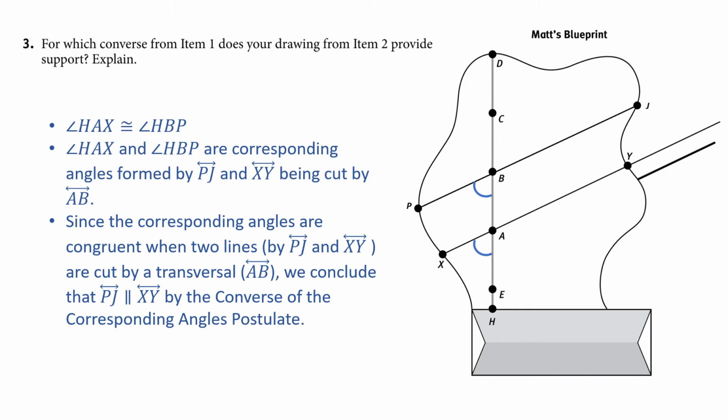Remember, the converse of the corresponding angles postulate just says that if the corresponding angles are congruent when two lines are cut by a transversal, then the two lines being cut are parallel. It's great. I love it. It's a very nice way to show that two lines are parallel.